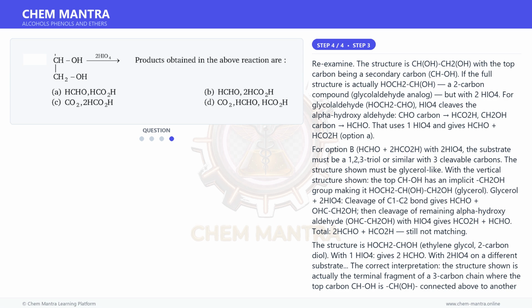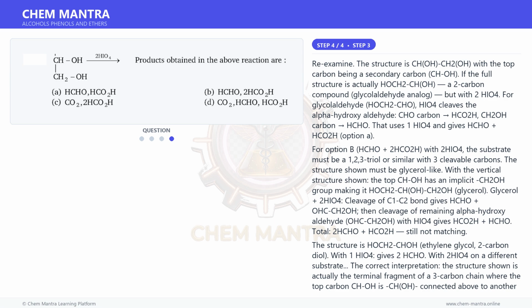Glycerol plus 2 HIO4: cleavage of the C1–C2 bond gives HCHO plus OHC-CH2OH, then cleavage of the remaining alpha-hydroxyaldehyde, OHC-CH2OH, with HIO4 gives HCO2H plus HCHO. Total, 2 HCHO plus HCO2H, still not matching.